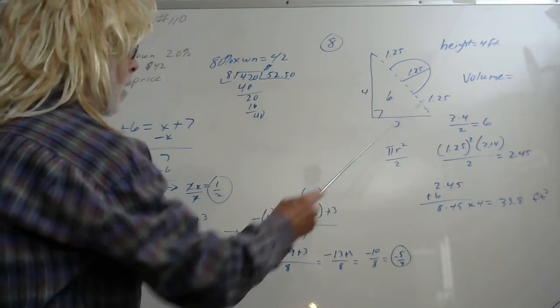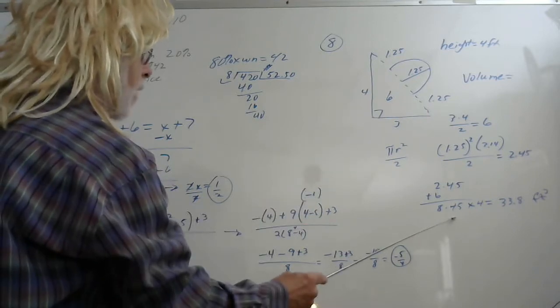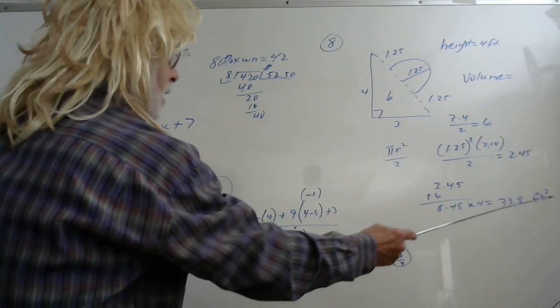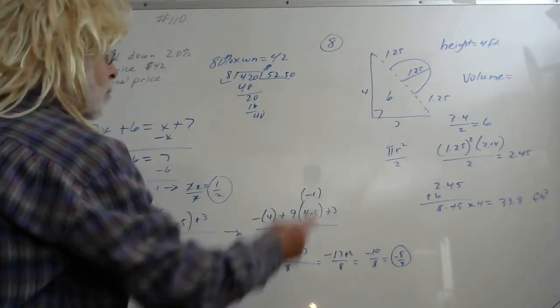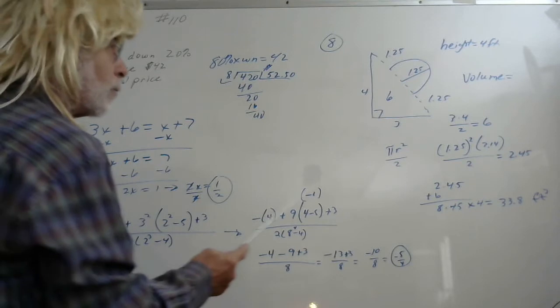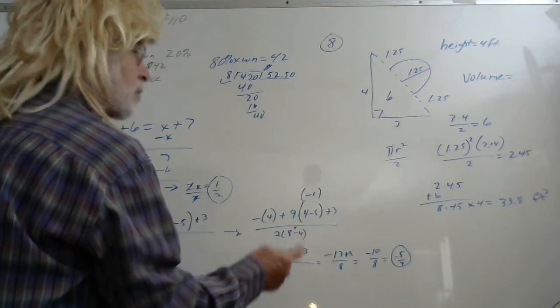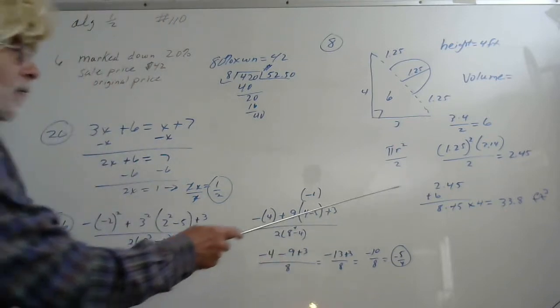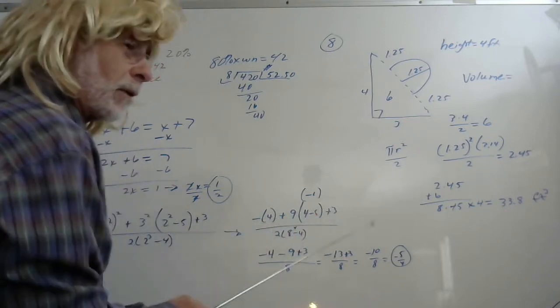So the area of the base is 8.45 times 4 equals 33.8 feet cubed. Now I know as I'm going through you go, wow, that looks pretty simple. It really is if you take each step and just be careful with your math. If you have to, guys, check it with a calculator.